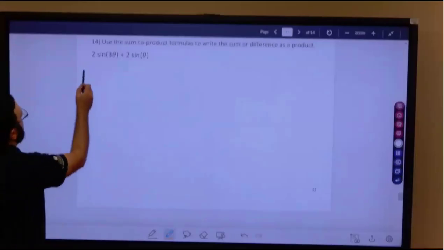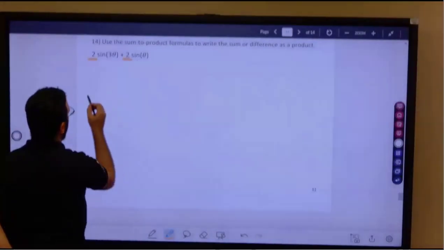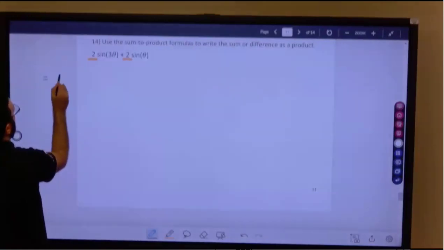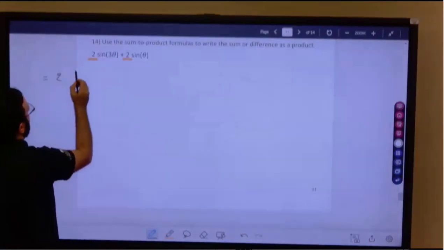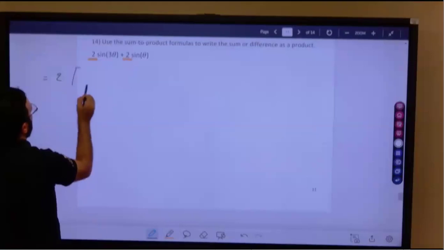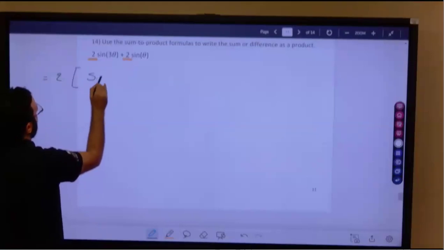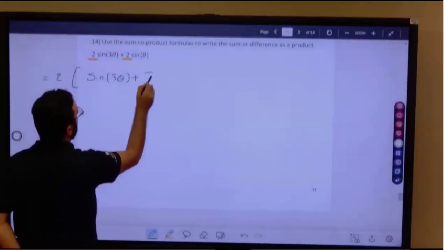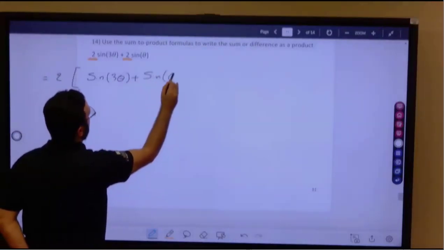So I'm going to factor out this 2 from both terms. So here's the 2. And now on the left here is going to be sine 3 theta plus sine theta.